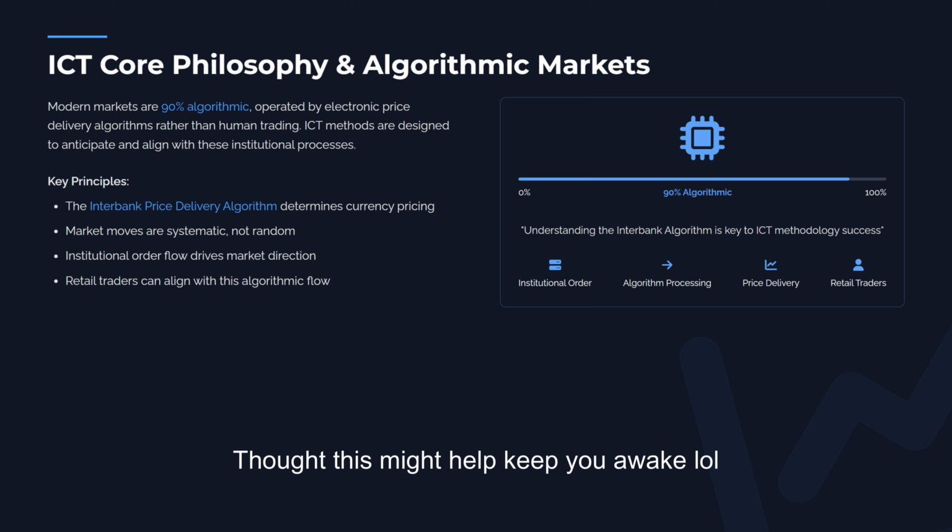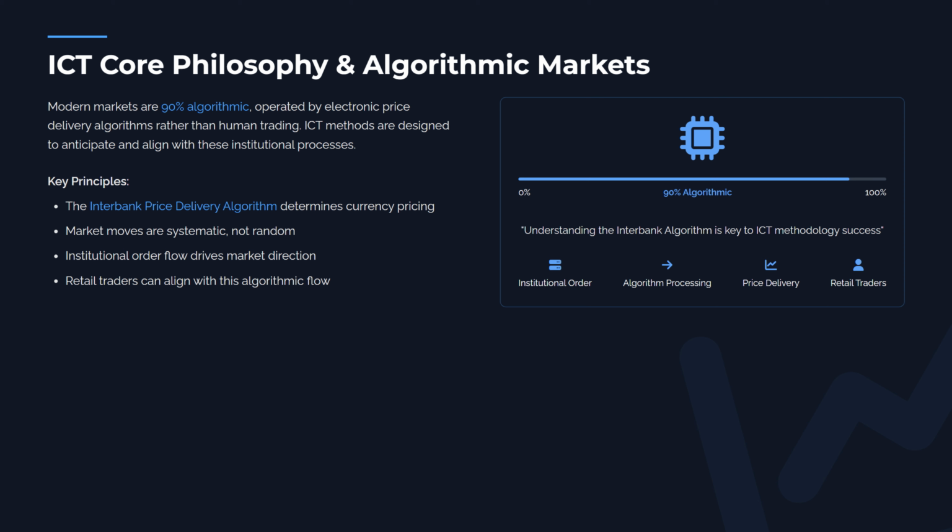Here's something that might shock you. 90% of all market movement is controlled by computers, not humans. Let me explain what this means for you as a trader. Back in the old days, markets were driven by people calling brokers, shouting on trading floors, making emotional decisions based on news and gut feelings. Those days are over.